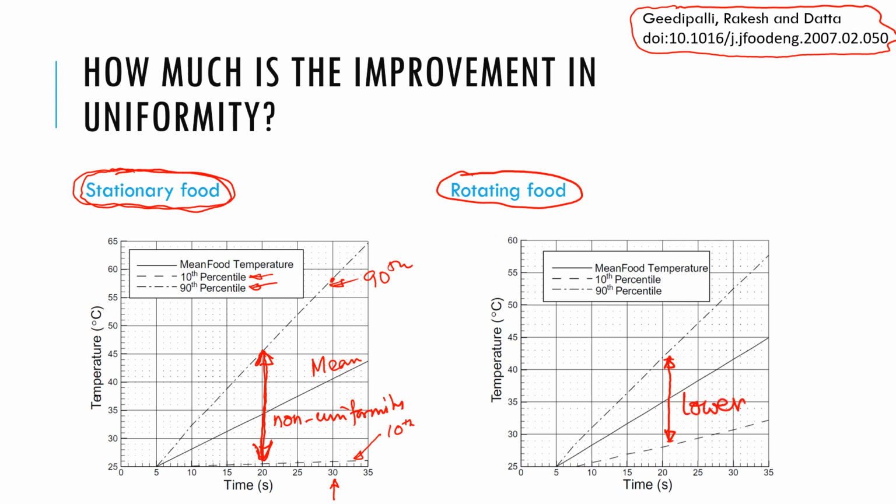No, lower, so non-uniformity is lower, and that was the purpose of the turntable. So we see that the spread of the temperature increases here as well, but it increases less rapidly, meaning it stays more uniform than when not rotating.